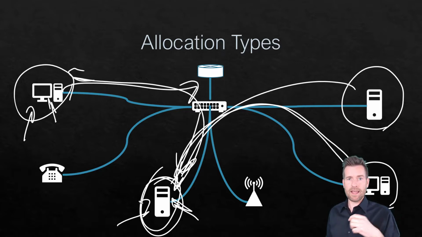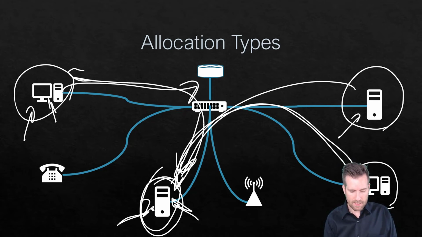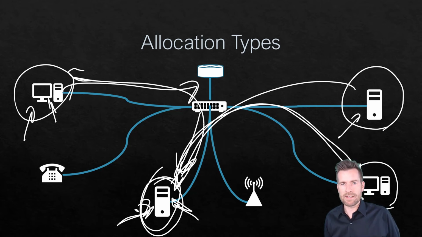And so that way, every time this machine connects to this network, it's going to get the same IP address every single time. And so essentially it's an automatic reservation, right? It's going to create a reservation for that machine, but it's going to do it in an automatic fashion rather than me manually typing out a MAC address on the DHCP server.